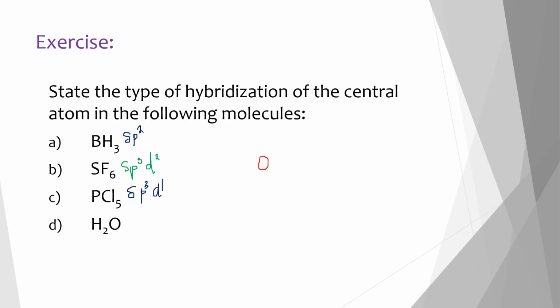So O will be the central atom, and at oxygen, it will have two lone pairs. So this is the Lewis structure for H2O.